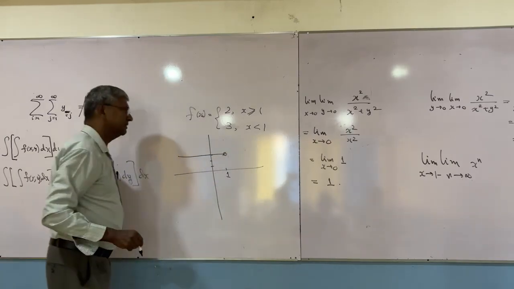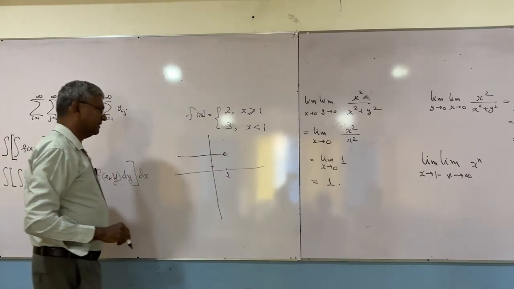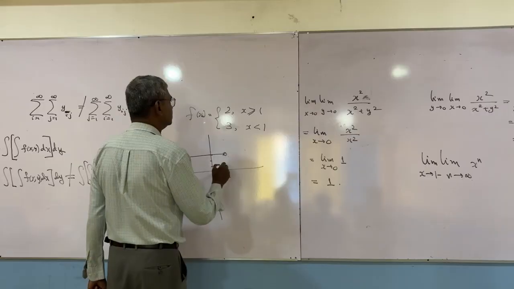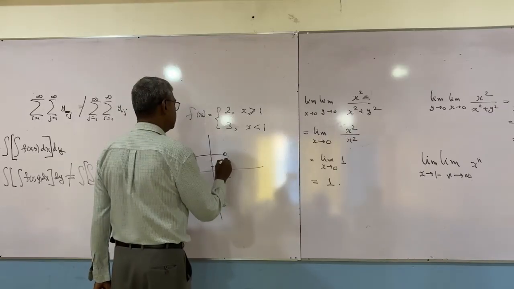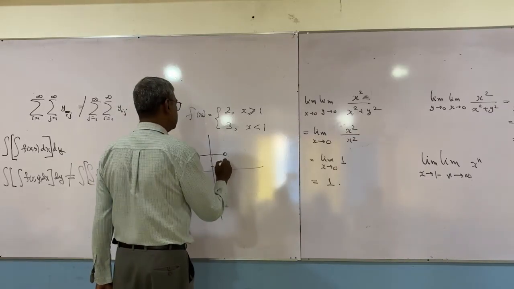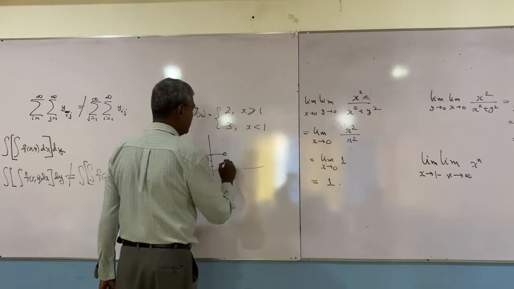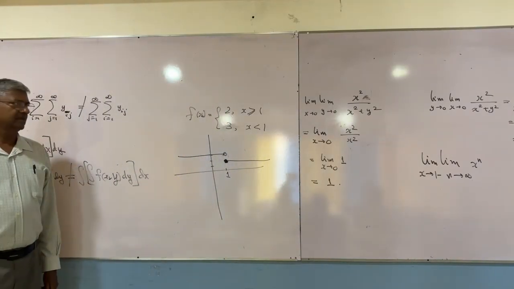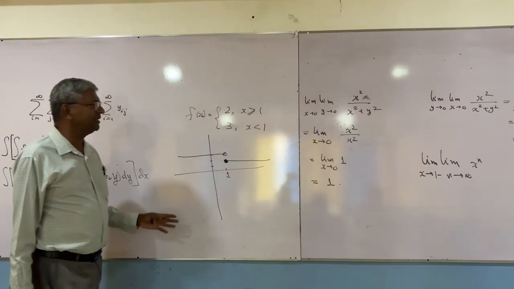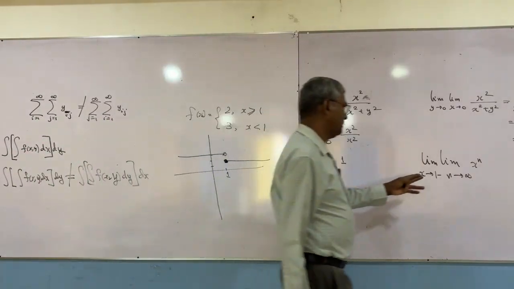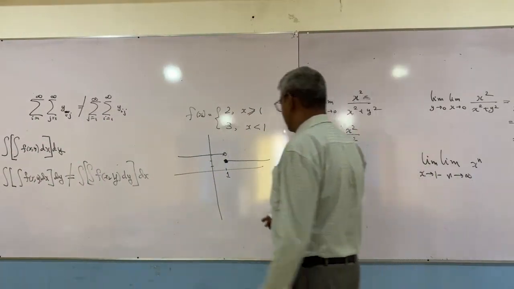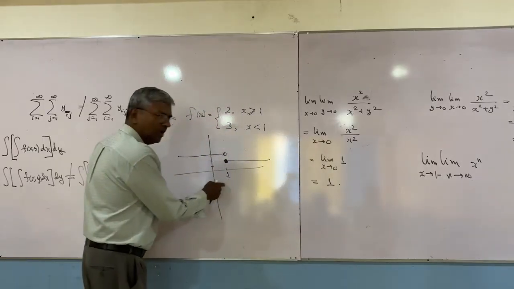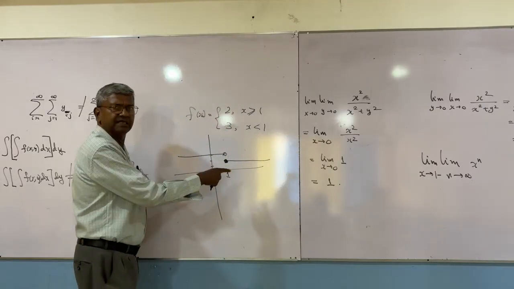For x less than 1, it is 3. When x is greater than or equal to 1, it is 2, and here a closed bowl. This is the graph of f, right? Then the 1 minus limit: 1 minus means you approach 1 from the left.